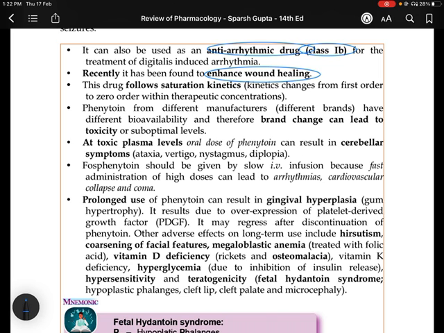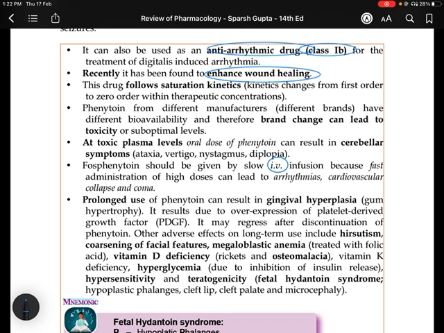At toxic plasma levels, oral phenytoin can result in cerebral symptoms like ataxia, vertigo, nystagmus, and diplopia. Phosphenytoin should be given by slow IV infusion because fast administration of high doses can lead to arrhythmias, cardiovascular collapse and coma.